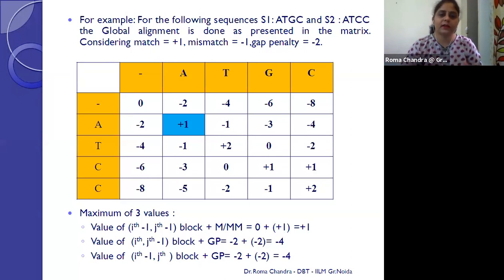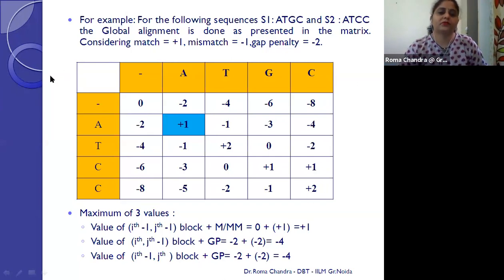Just to explain, I have taken a common length, but in the actual alignment process you will have two sequences with different lengths. Second thing is, there is no rule that you must keep ATGC here and ATCC here. You can keep ATGC here and ATCC there. Both are ways you can proceed.